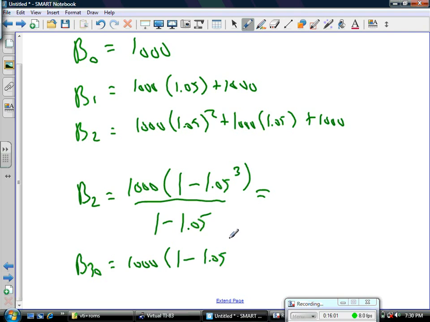What's n plus 1? 31. Over 1 minus R, or in this case, negative 0.05. Negative 1/20th: divide by negative 1/20th and multiply by negative 20.